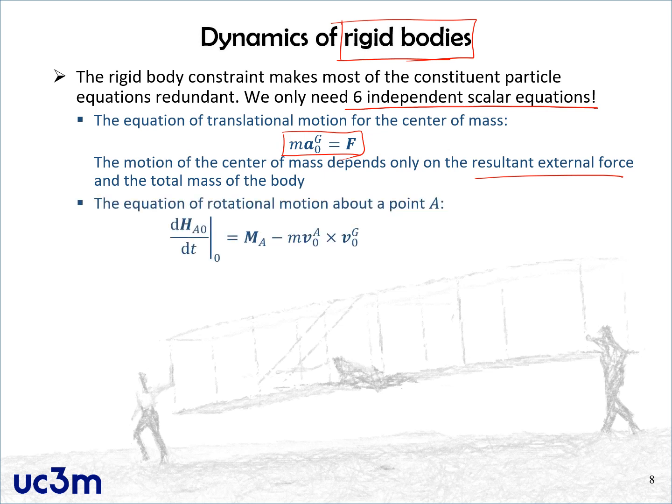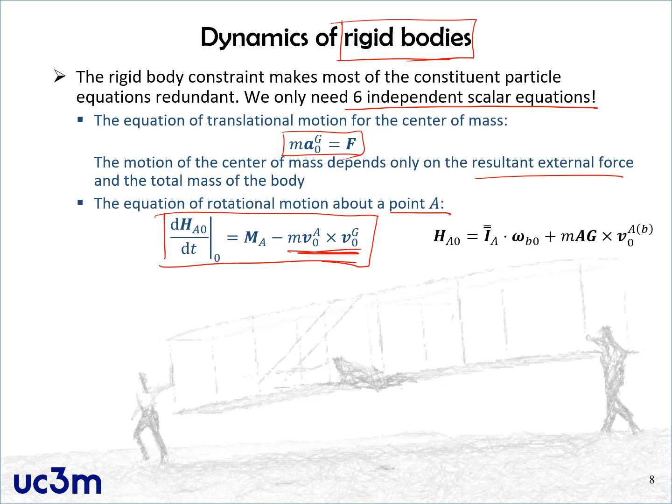The other one was the equation for the angular momentum of the rigid body. This is the rotational dynamics equation. We have to choose a point to write down this equation, a point A. Usually, as we said before, we choose A so that this term cancels out, and then we have something simpler.